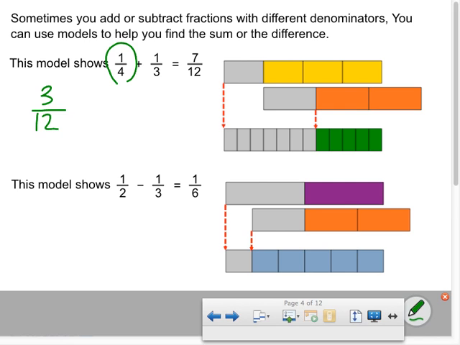Okay? So that is what's replacing that fraction. And so over here, I'm going to take the sum of 1/4, which I rewrote as 3/12, and I'm going to add that to 1/3, but 1/3 needs to have the same denominator, so we need a 12 in the denominator here. What's the numerator going to be so that it's equivalent to 1/3? 4. Very good. So now we have the sum of 3/12 plus 4/12, and what's that going to equal? 7/12.